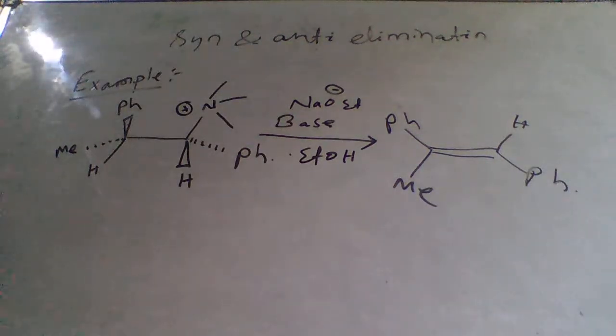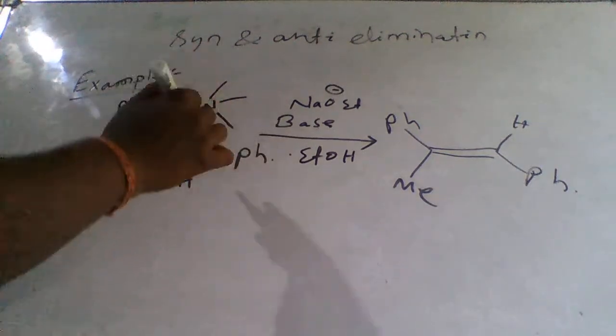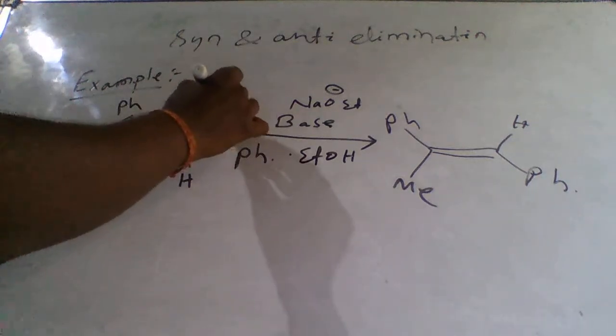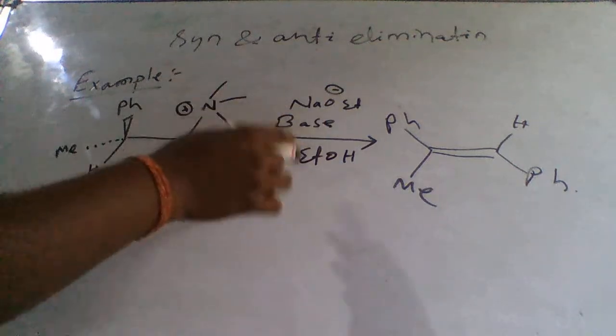Here you will ask why this is the ammonium salt. It is a salt, and in my previous lecture I have already explained about the Syn elimination. When this is the quaternary salt, it will go through Syn elimination when we heat.